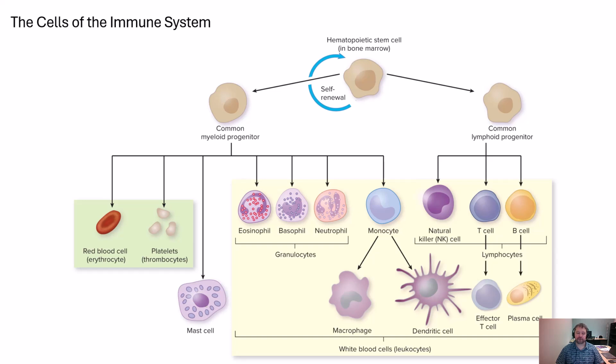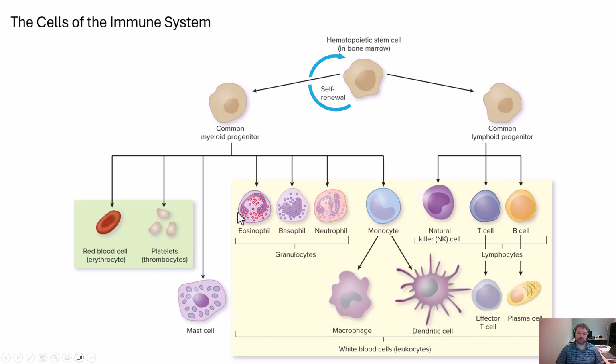They have the same function: to engulf, to phagocytize foreign bodies, pathogens, material that's foreign, and then use digestive enzymes to break it down, and then present that material as antigens to your adaptive immune response.